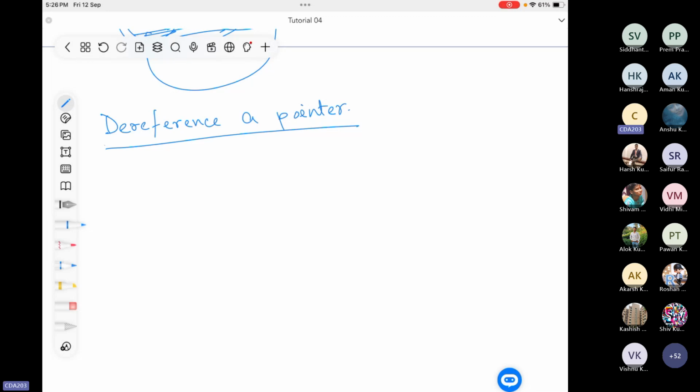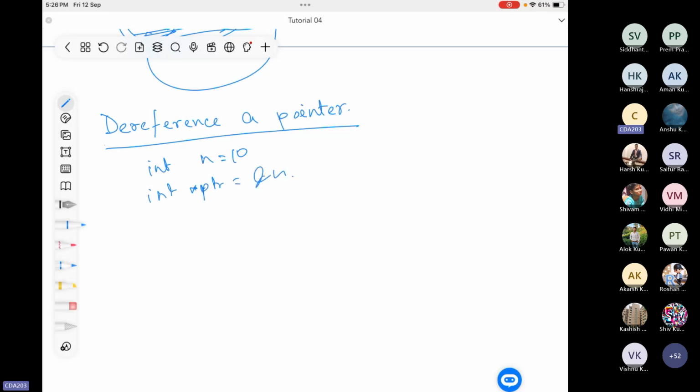That's basically accessing the value where it's pointing to. For example, let's say you define n equal to 10 and an integer pointer equal to the address of n.